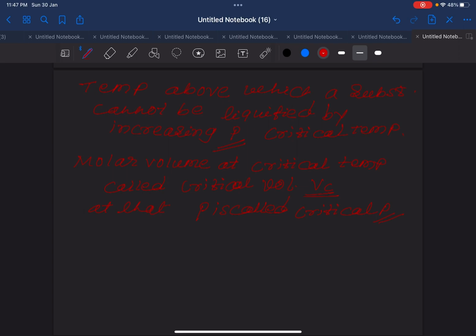These values are the three critical constants for the same common gas. ठीक है.